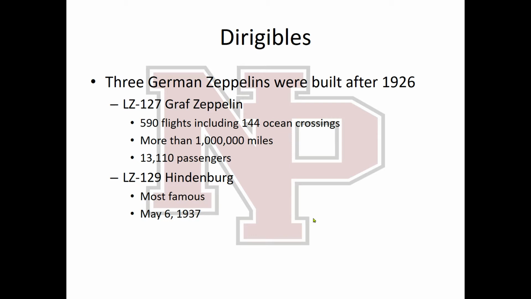The other Zeppelin that was made was the LZ 130, which is the Graf Zeppelin 2. So another big Zeppelin, and that was made around the same time as these other 2.